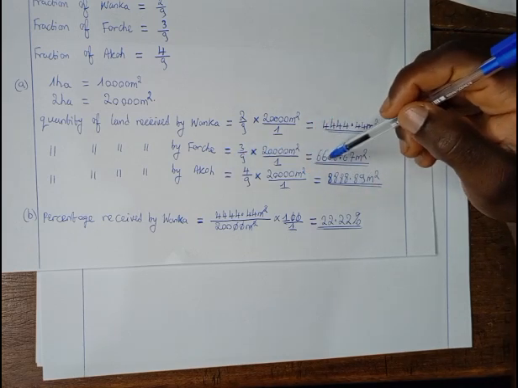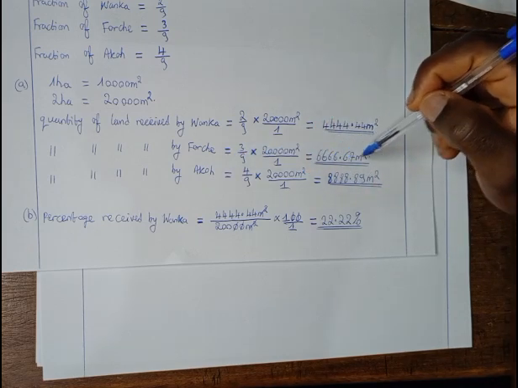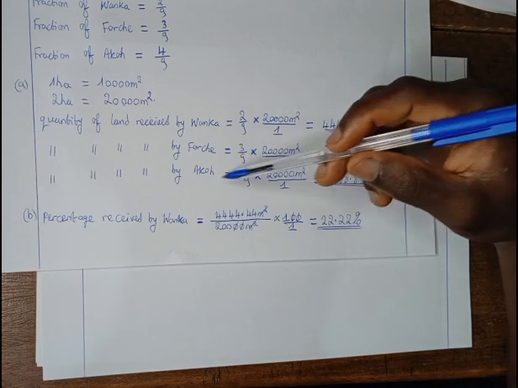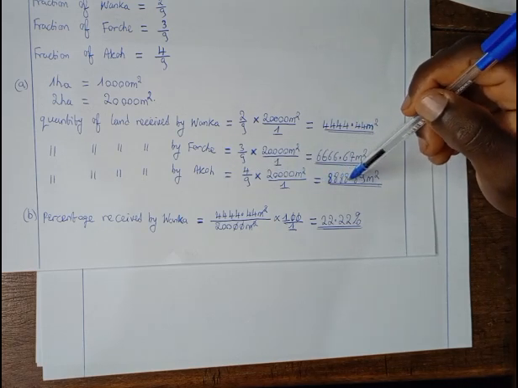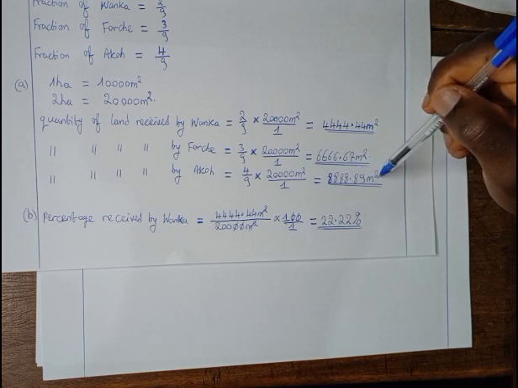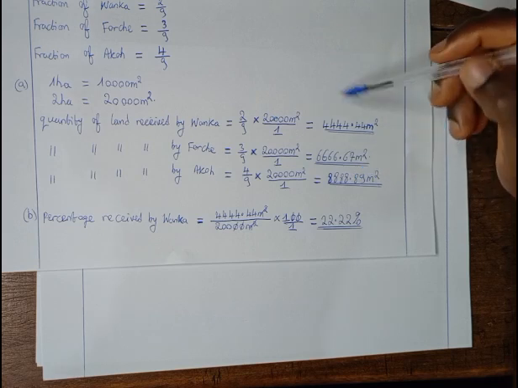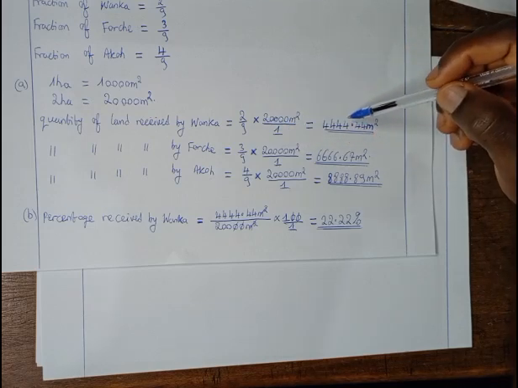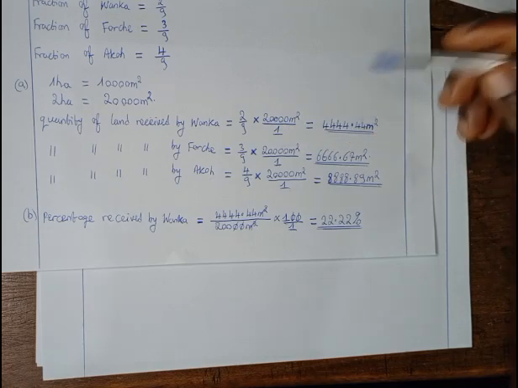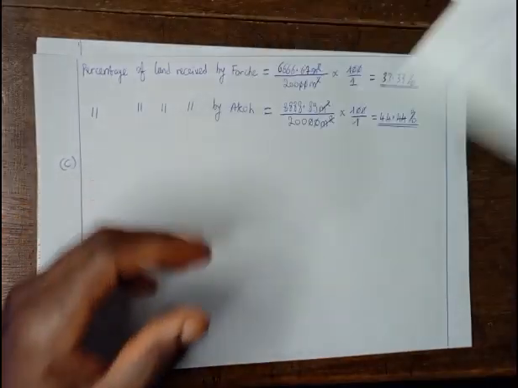Uche receives 6,666.67 meters squared. And lastly, Ako receives 8,888.89 meters squared. You notice that Wanka receives the smallest portion of land. Therefore, Wanka is the eldest son.